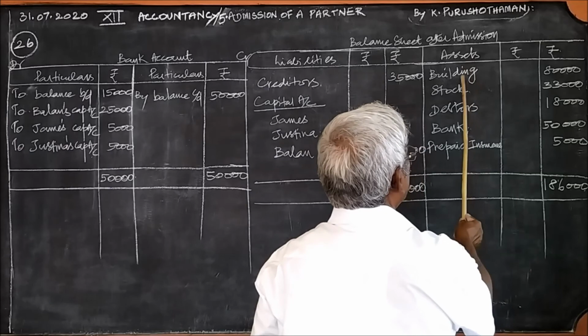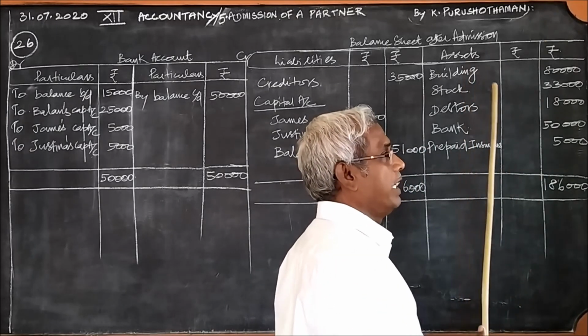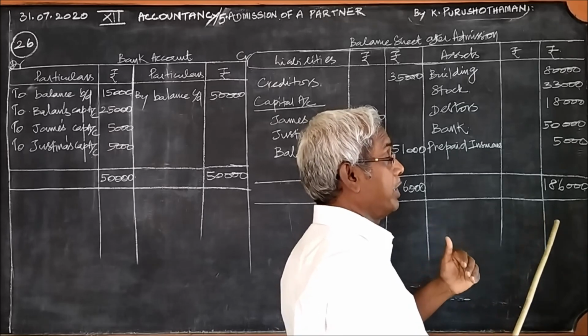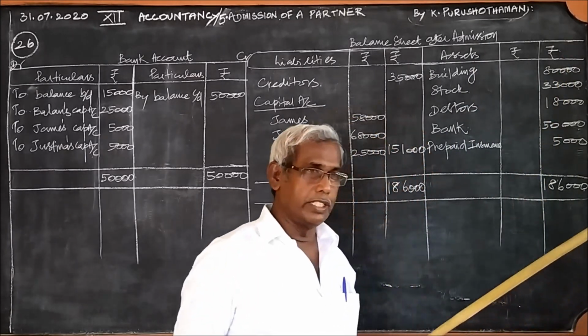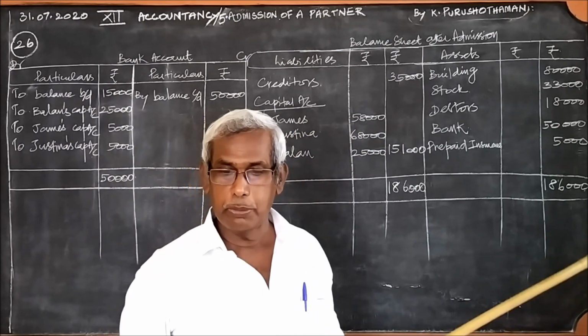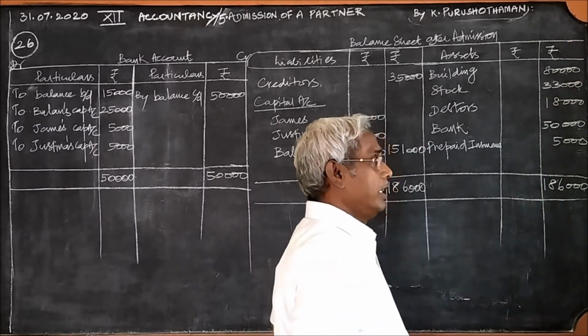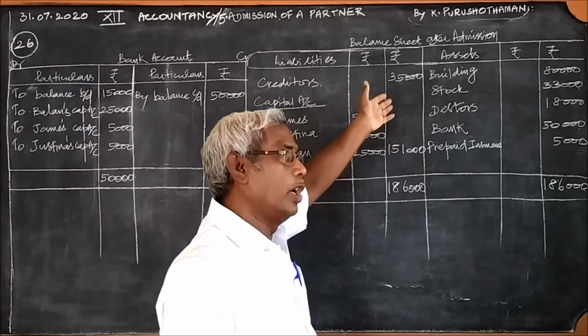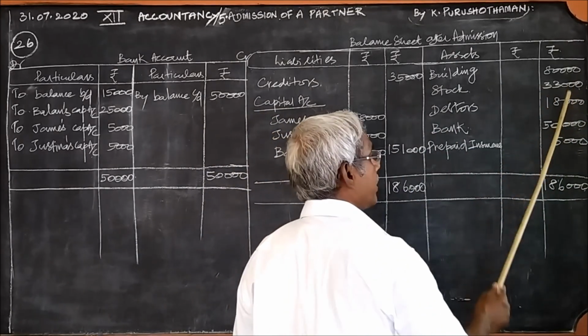First one, building, it was 70,000 given in the question. Now it is valued as 80,000. Under adjustment it is given, that is the current value we have written. Stock already 30,000. Now it has been valued as 33,000. You write the current value. Debtors already 20,000. Now it has been valued as 18,000. You write the current value.